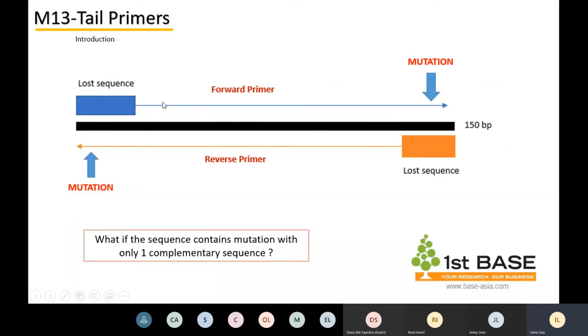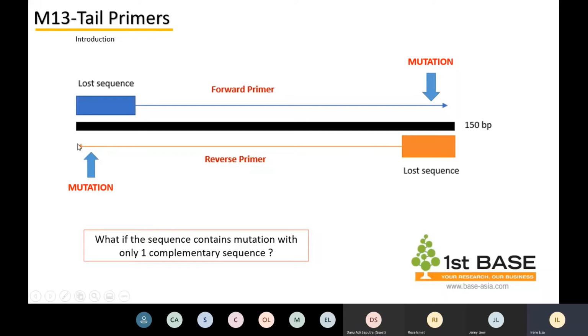So to obtain the first part of the sequence, we align the sequences with the reverse primer perhaps, or vice versa, and we try to obtain the first part of this particular sequence. Now, what happens if in this particular sequence you tend to have a mutation, or perhaps there could be some QE bases that are very low?